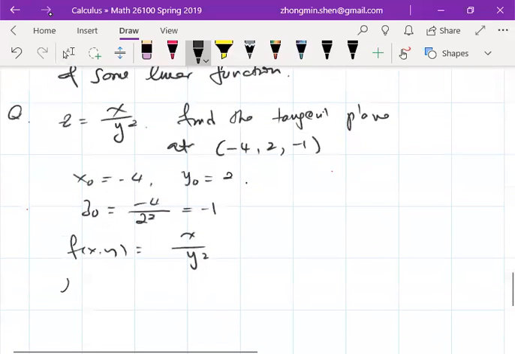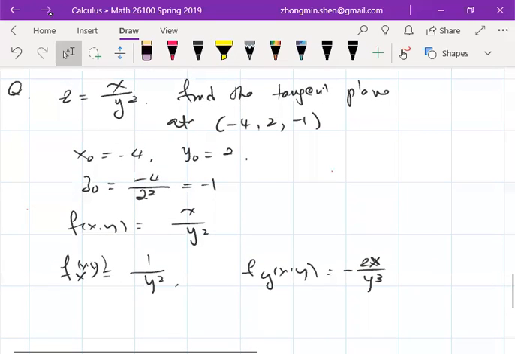So I just find the partial derivative, right? fx is going to be 1 over y squared, right? fy of x and y is going to be, when you differentiate 1 over y squared, negative 2x over y cubed, okay? Just find the derivative of this function with respect to y. So you have y to the negative 2, so that's why you get a negative, right?